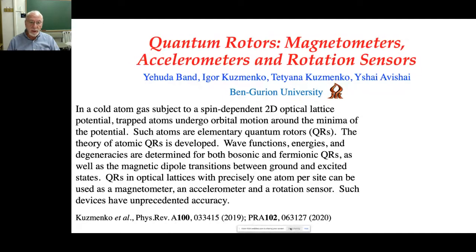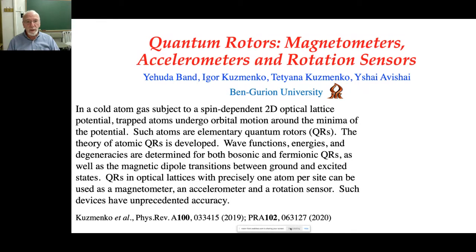The quantum rotors that we're going to use are going to be atoms caught in a potential. The first application that I'm going to tell you about, and the one which I will concentrate on, is atoms in a spin-dependent optical lattice potential. The atoms are trapped in this optical potential and they go around the minimum of the potential, and they are elementary quantum rotors.